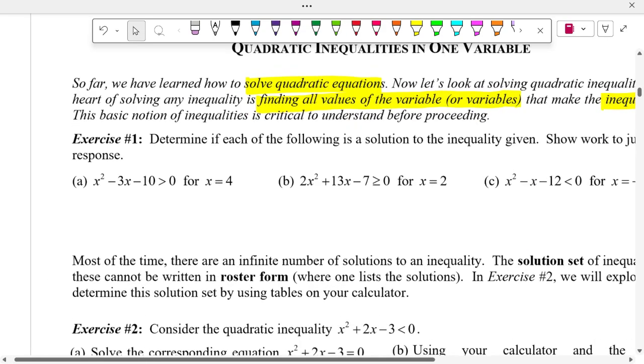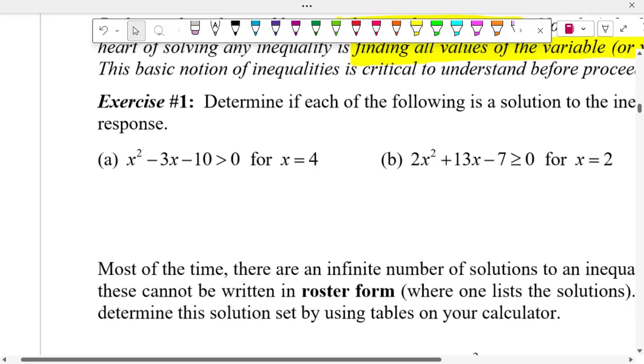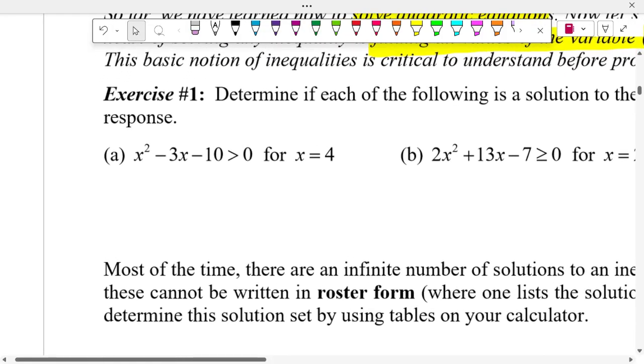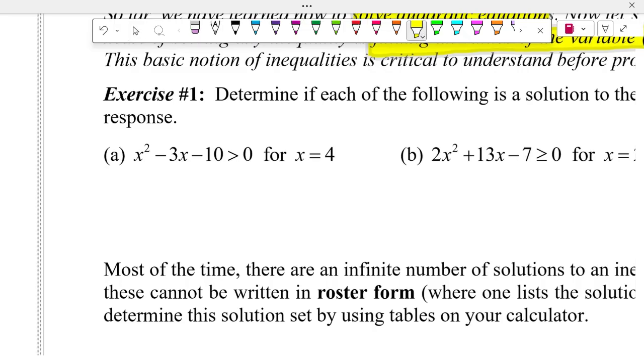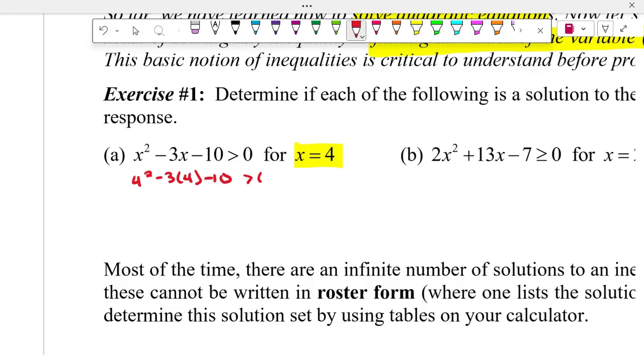So first things first, we're going to figure out if the value that they give us makes the inequality true. They told us that x squared minus 3x minus 10 is greater than 0, and we're going to check when x is equal to 4. So we plug in 4 for x. I have 4 squared minus 3 times 4 minus 10, and I want it to be greater than 0.